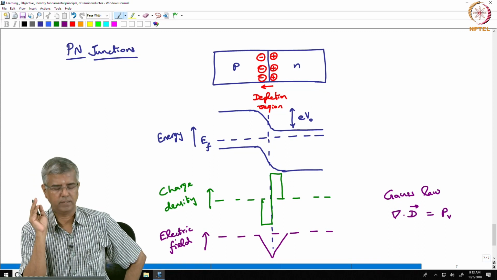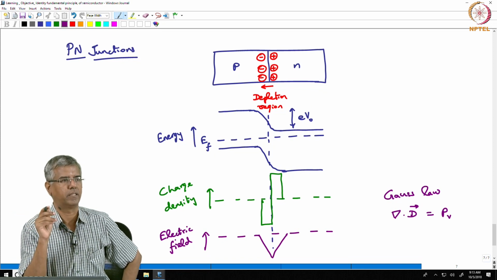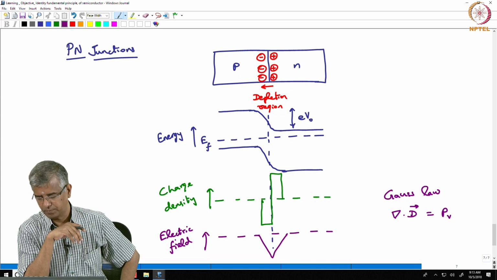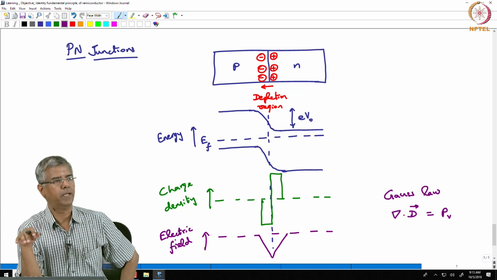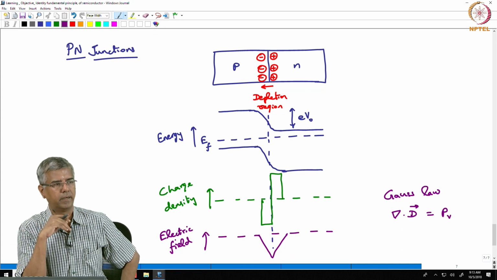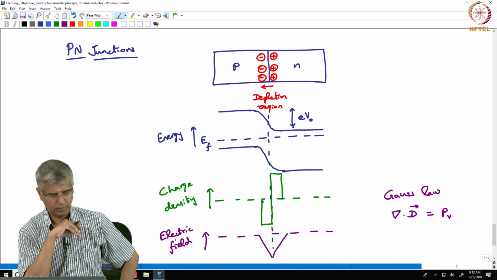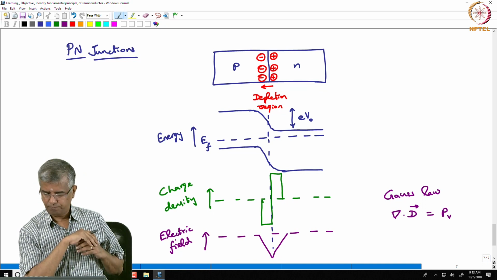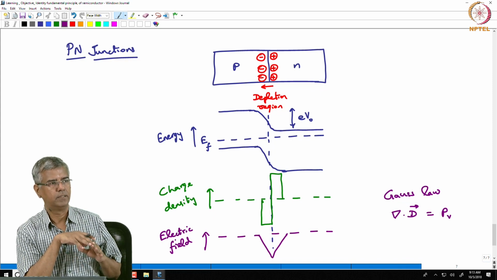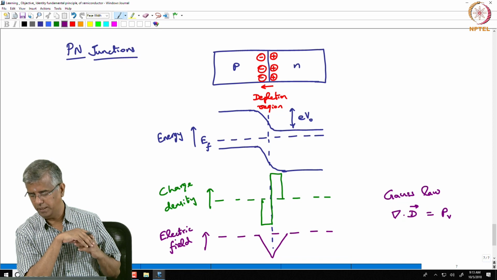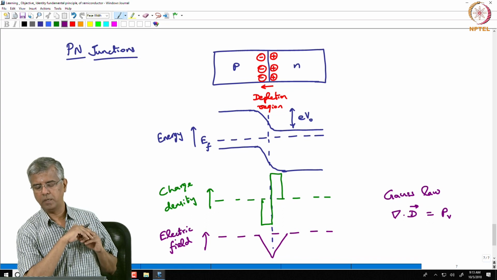So, it basically says, okay, I cannot allow any more diffusion of charges on either side, beyond a certain point. And that equilibrium condition is typically achieved when the Fermi energy on both sides is equal or uniform, right. So, any questions about this so far? Okay. So, that is a regular PN junction.